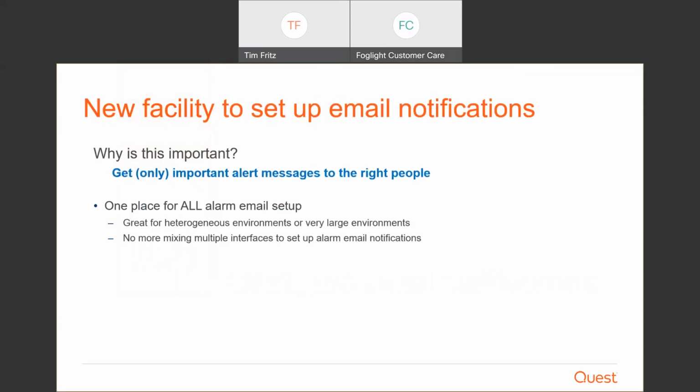Managing these, we have one place we can set up all alarm email settings, the email addresses where we want alarms to go. That's going to be handled in the new notification configuration tool that's built into 6.1 and above. That was new in 6.1 as of this past April 7th.